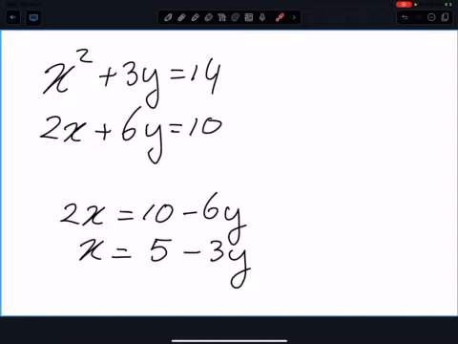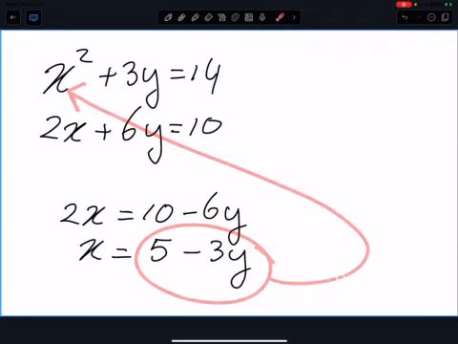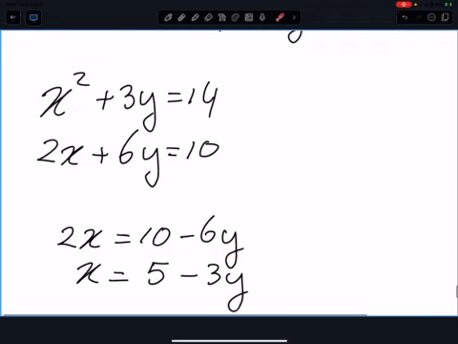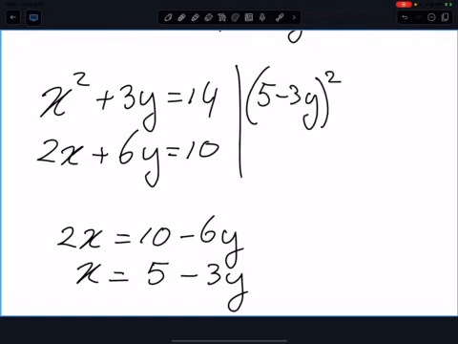I made x the subject of the formula. So what do I do? I take this x, place it in that first one. So what do I get? 5 minus 3y squared, because that is x, plus 3y equals 14.